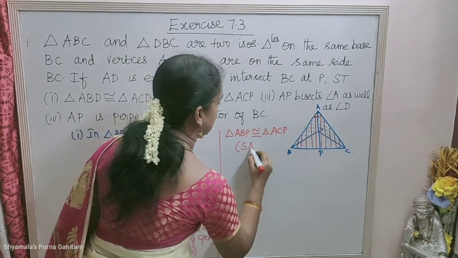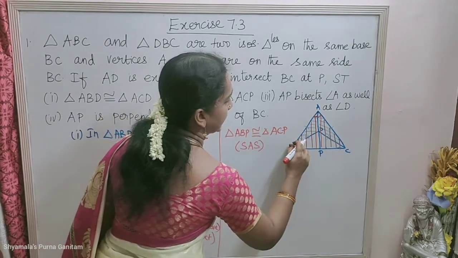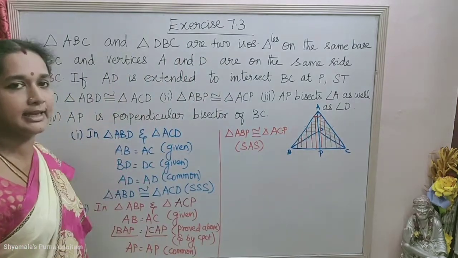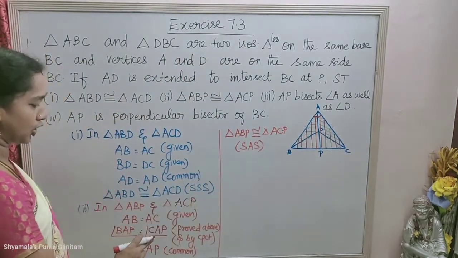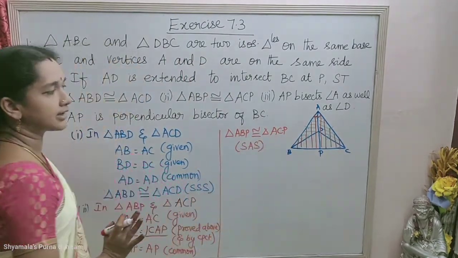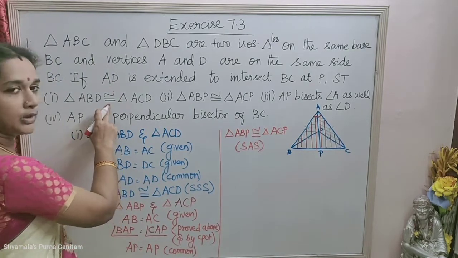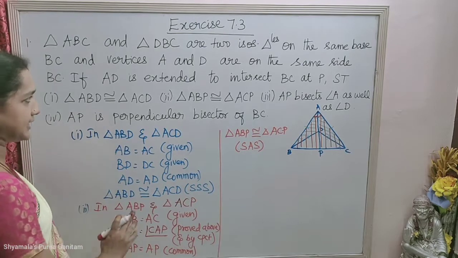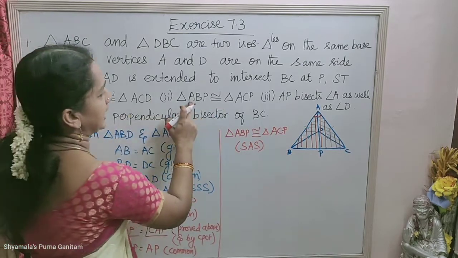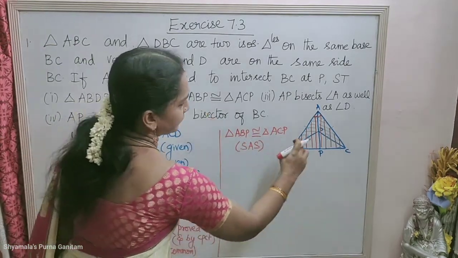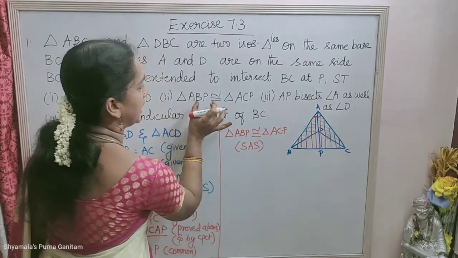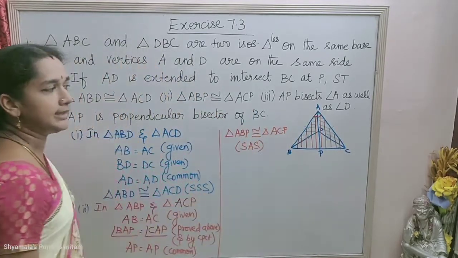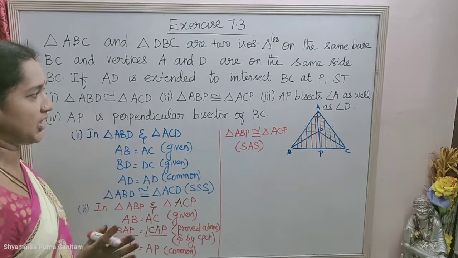By SAS congruence, side, angle, side, with the angle included, triangle ABP is congruent to triangle ACP. So we have proved the first one, triangle ABD is congruent to triangle ACD, and the second one, triangle ABP is congruent to triangle ACP. Two things we have proved.